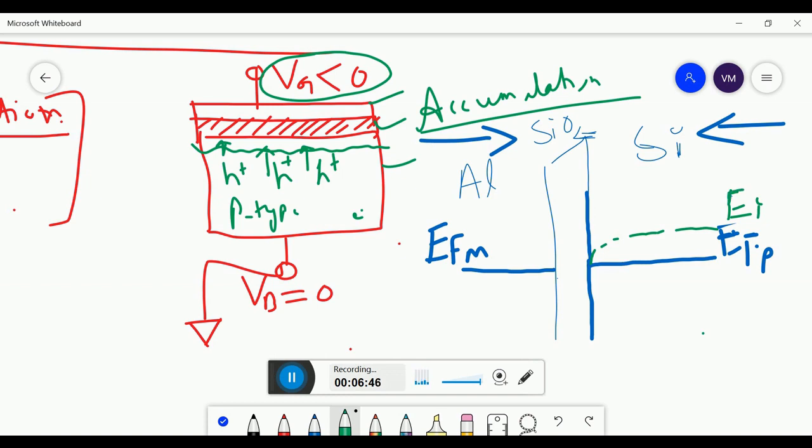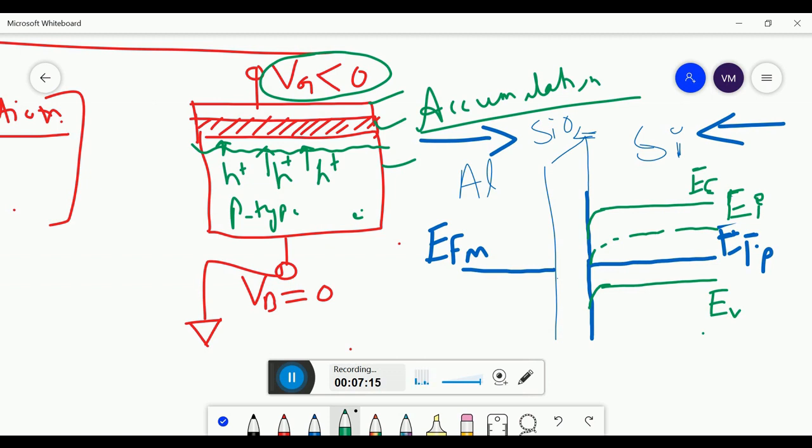Please think about this. And then the conduction band is here, also bent, and then the valence band, also bent. So this was the structure in thermal equilibrium, meaning no external voltage was applied.